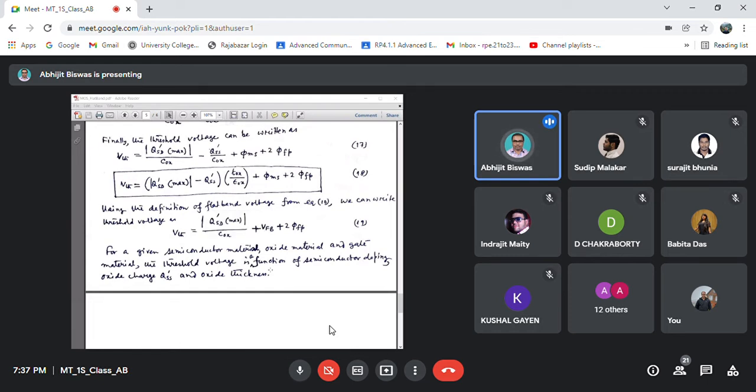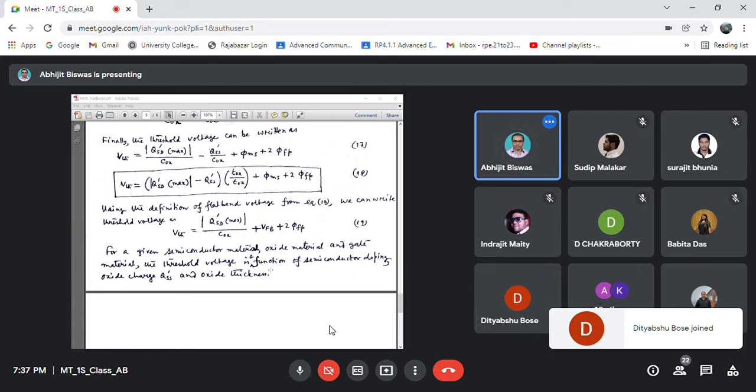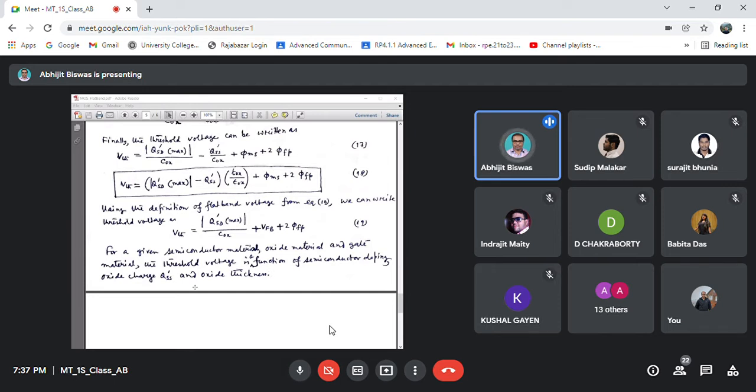By varying the nitrogen content, you can also vary the work function value over a certain range. So the most simple and clever technique to adjust the threshold voltage of the device is to actually change or manipulate the work function of the metal.